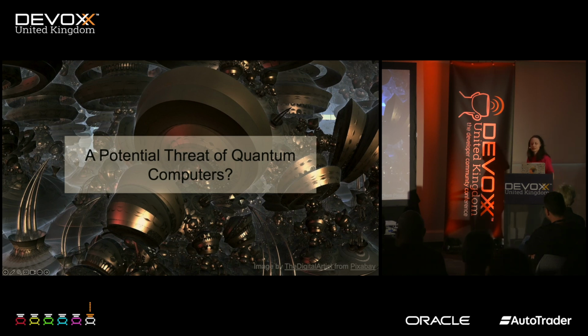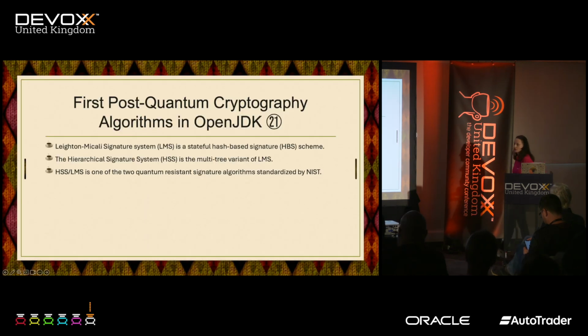Quantum computing looks set to dramatically change things over time, and it can also be used as a weapon in attacks. It is believed that the current algorithms our applications are using can be broken. So in order to respond to such a potential threat, the Java 21 release brought the first post-quantum cryptography algorithms in OpenJDK.